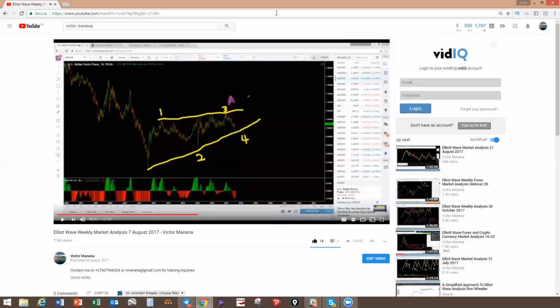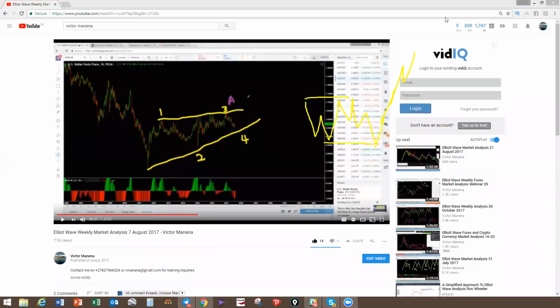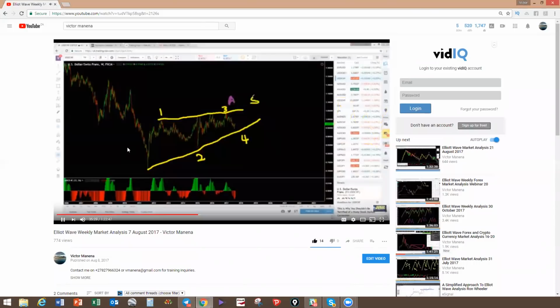Look at that. I was looking at this on the weekly. So I was looking for a diagonal on US dollar Swiss. Let me just get it to play a few seconds so you can see, and then we're going to go back to the real chart.